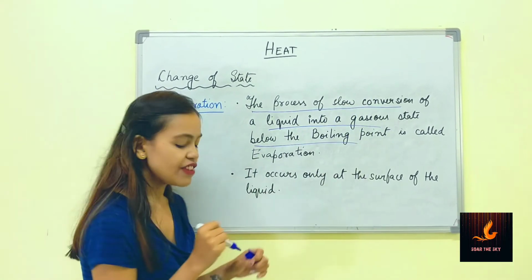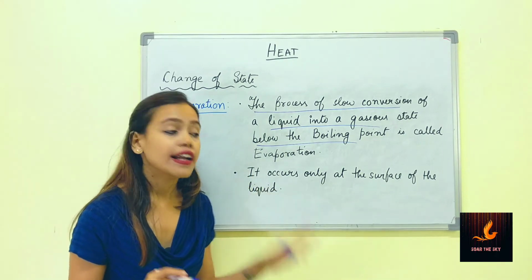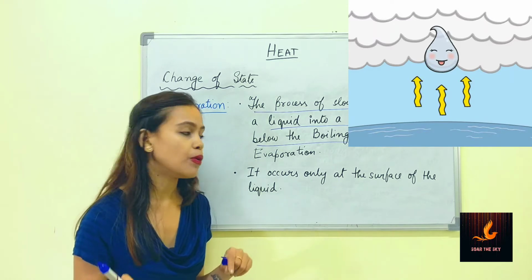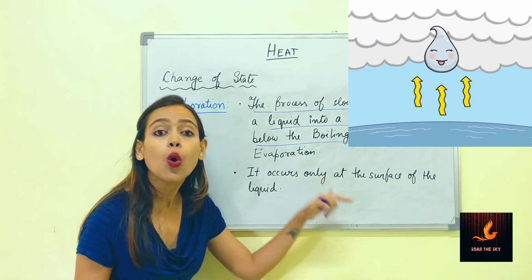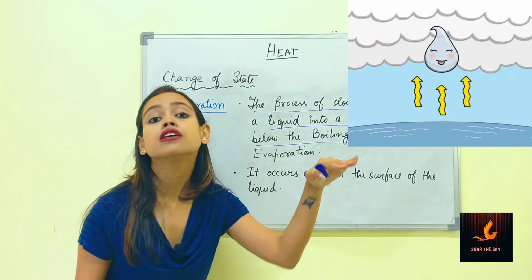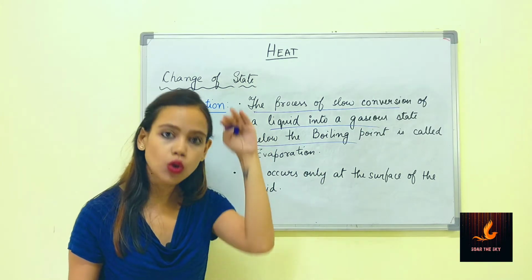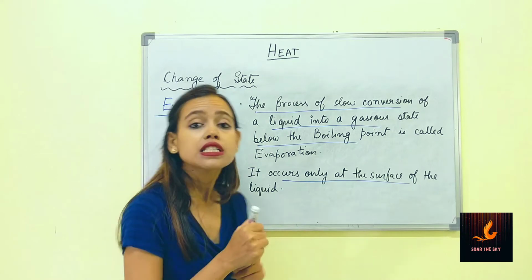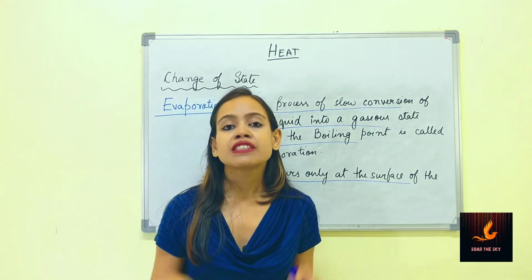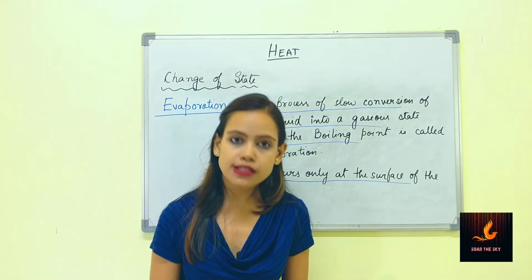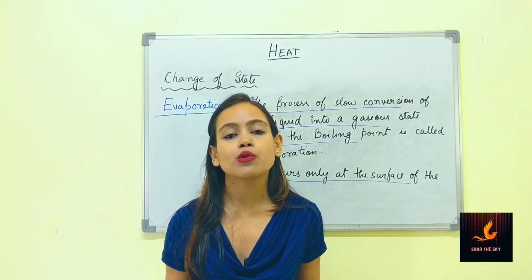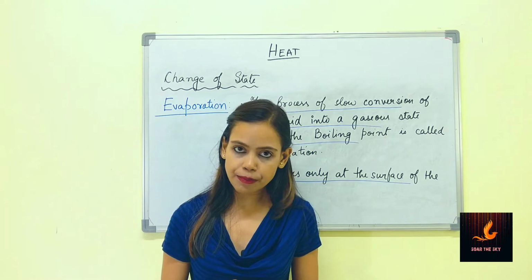It is called evaporation. And another thing to keep in mind, which is a very important point, is that it occurs only at the surface of the liquid. It does not go beyond the surface. Say for example, during the hot summer days, the ponds and the rivers are all exposed to the harsh rays of the sun.